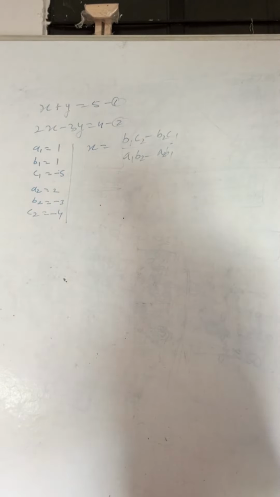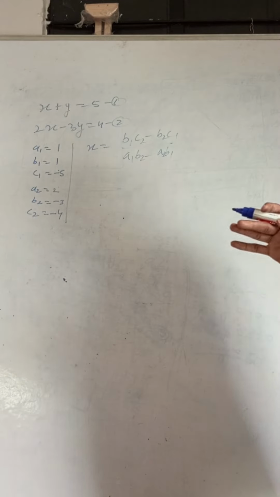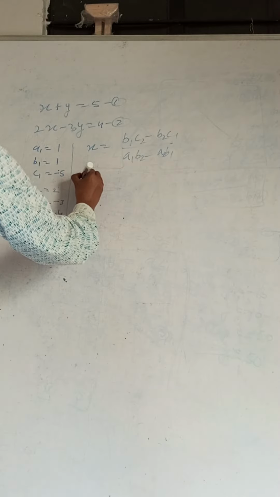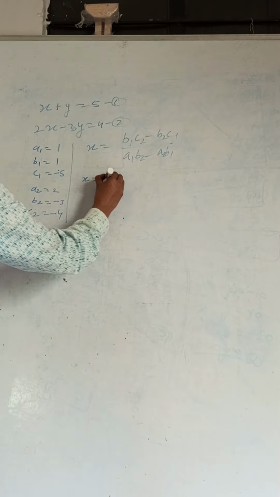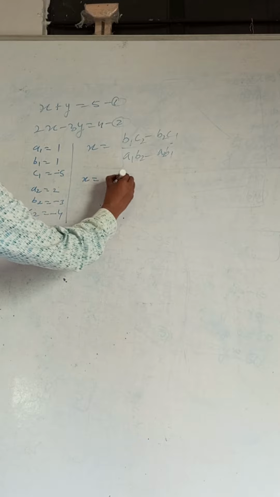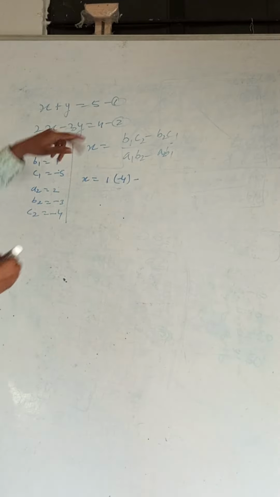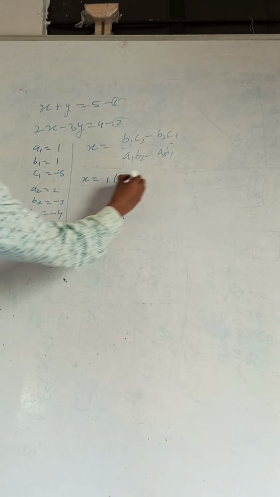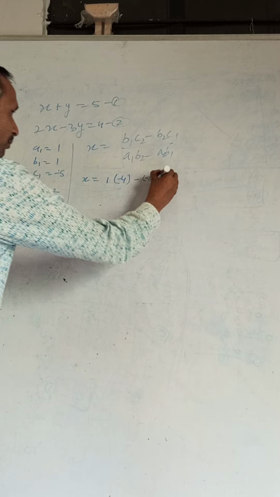Now we substitute the values. X is equal to B1, which is 1, into C2, which is minus 4, minus B2, which is minus 3, into C1, which is minus 5.